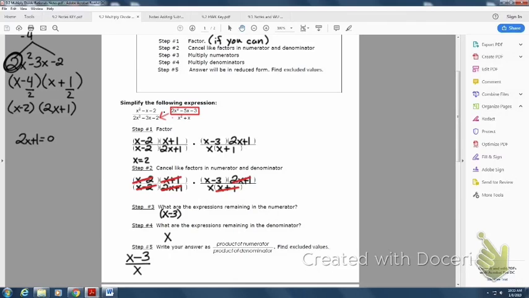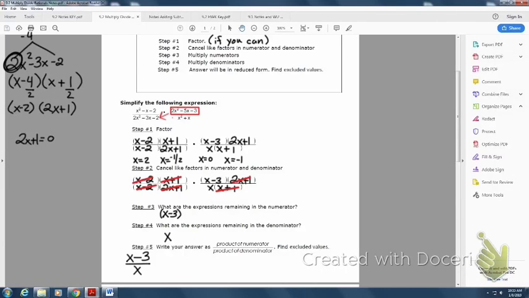Negative 1/2. Don't forget these factors that are by themselves. If it's just out in front of a set of parentheses, that's always going to give you 0, even if it said 2x or negative 4x or 7x. Those are always going to give you 0. And then that last one's going to give you -1.